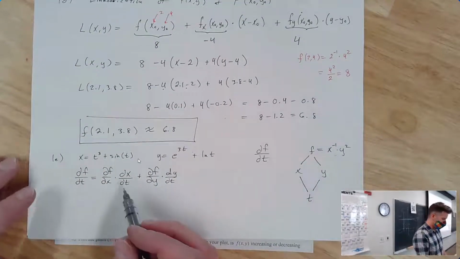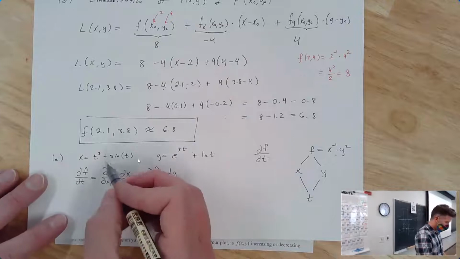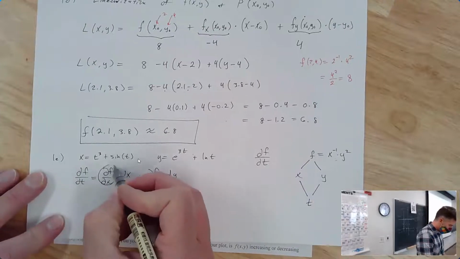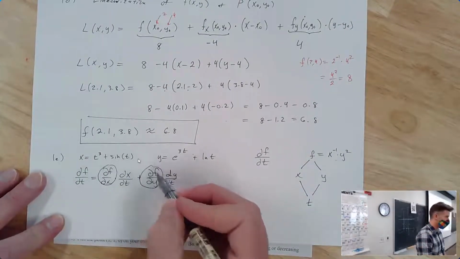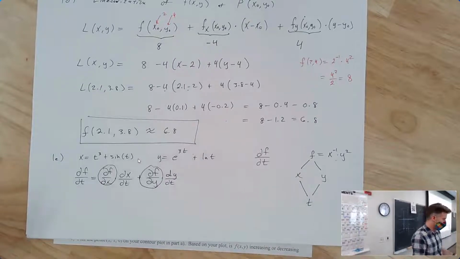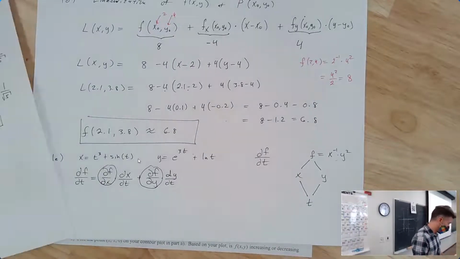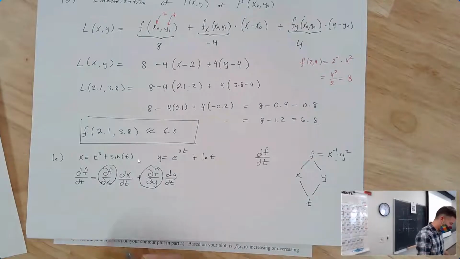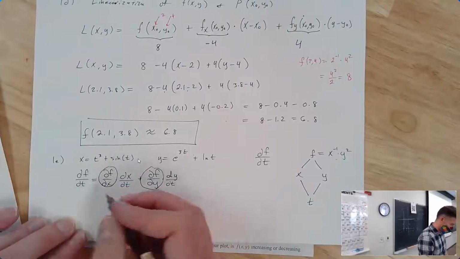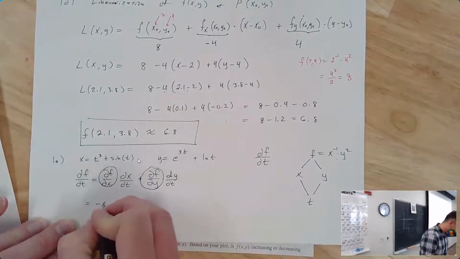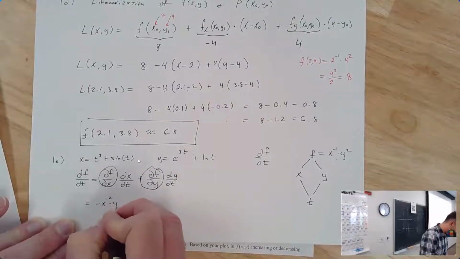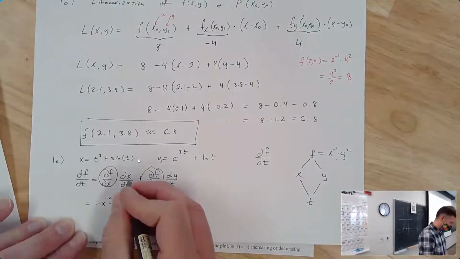So now we just have to do all the things. Luckily, we've done this part and this part already. Those are just the partials we've already found. So looking back at the work I did in the first problem, del f del x is going to be negative x to the negative second times y squared. And dx dt is what I'm going to have to find.